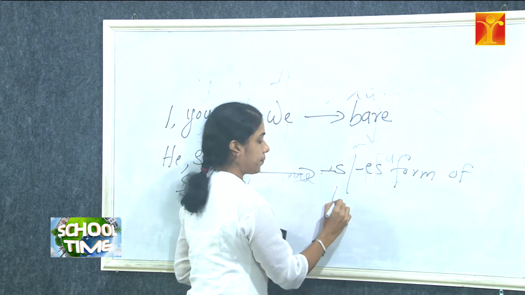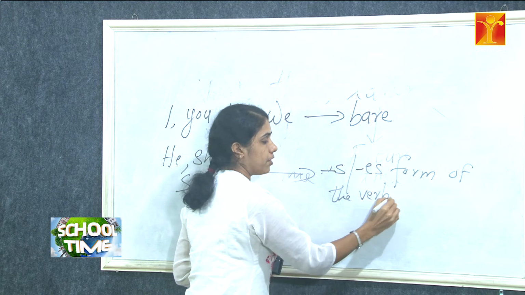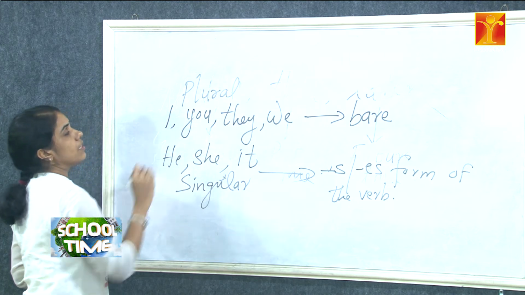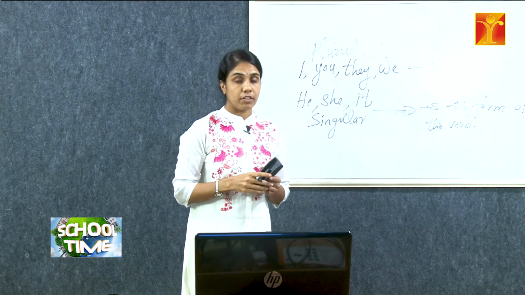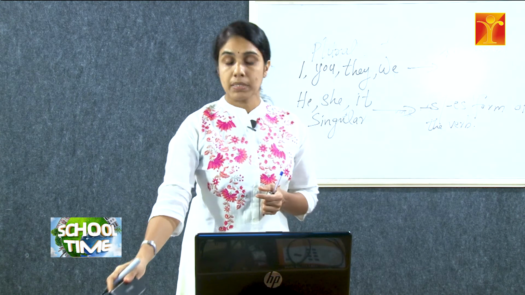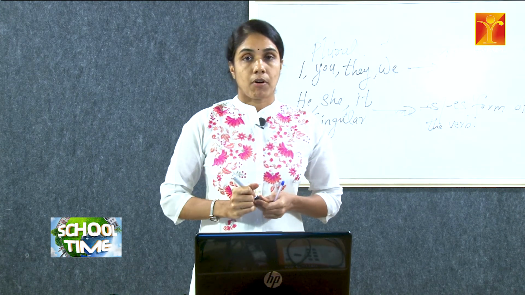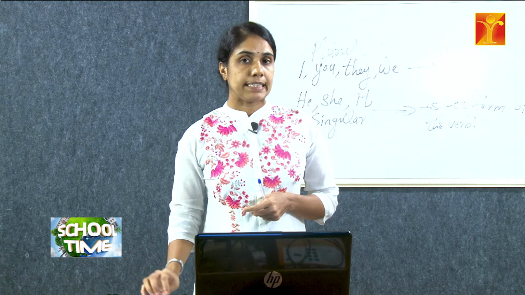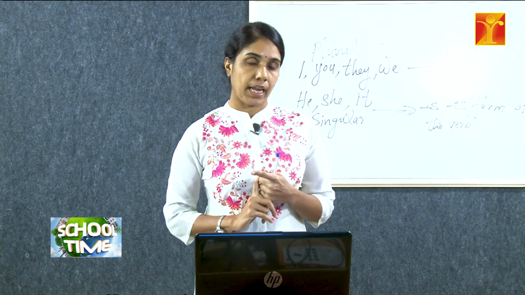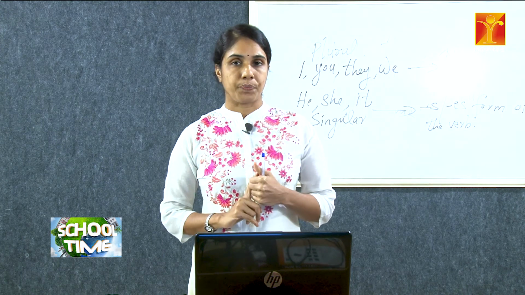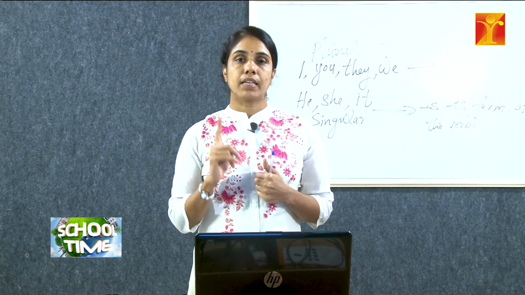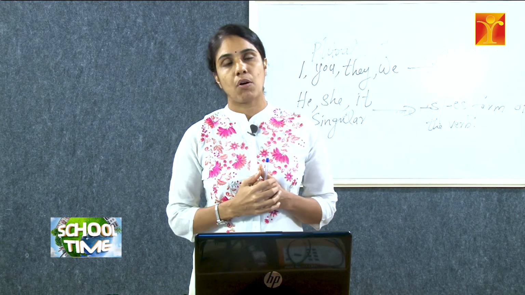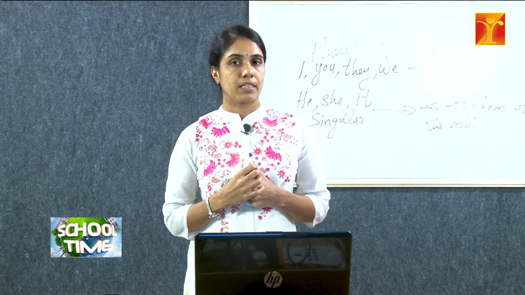Here, if the subject of the sentence is plural, we use the bare form or the plain infinitive of the verb, or if the subject is I, we, they, or you, we can use the bare form. And if the subject of the sentence is singular, or it is he, she or it, we can use the S or ES form of the verb.